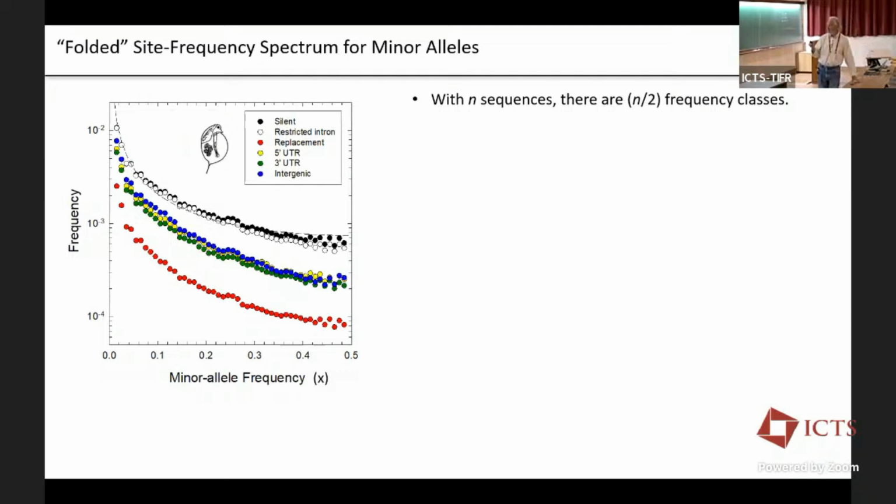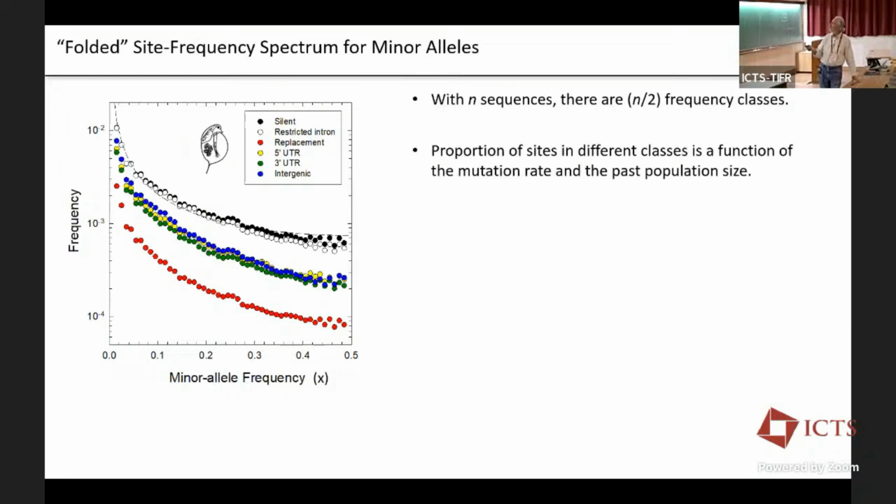But there have been lots of attempts to measure these things, and what you need to think about here is that the proportion of polymorphic sites in these different classes is a function of the past demographic history.